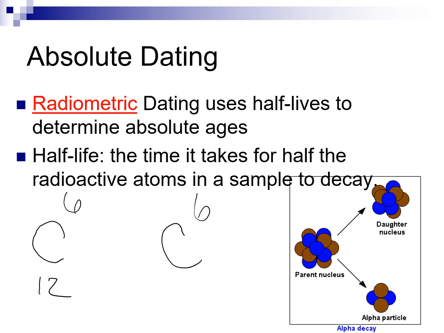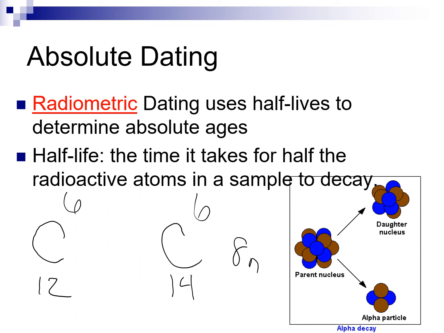Well, there's things called isotopes in nature. Isotopes are atoms that don't have the correct number of neutrons in them. The most common isotope that we're going to talk about is called carbon-14. It's still carbon because it has 6 protons, but now it has 8 neutrons.